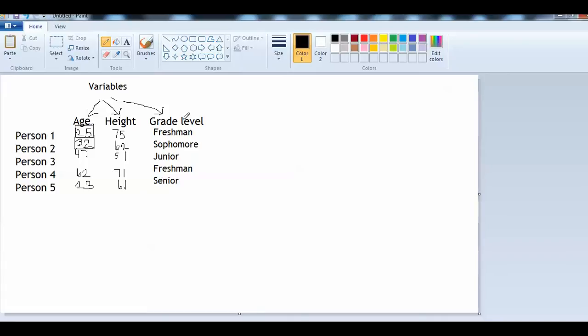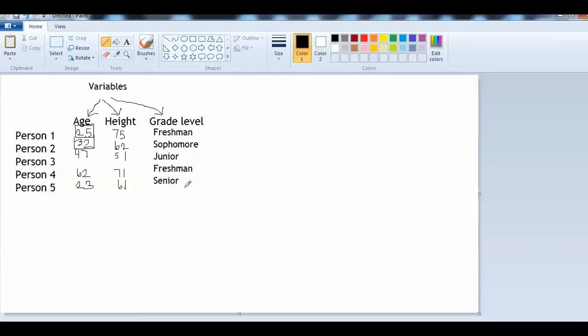And if the goal of our survey was to record the ages, heights, and grade levels of 5 people, and this was the complete set of data that we wanted to record, then we would say that this is our finished data set.